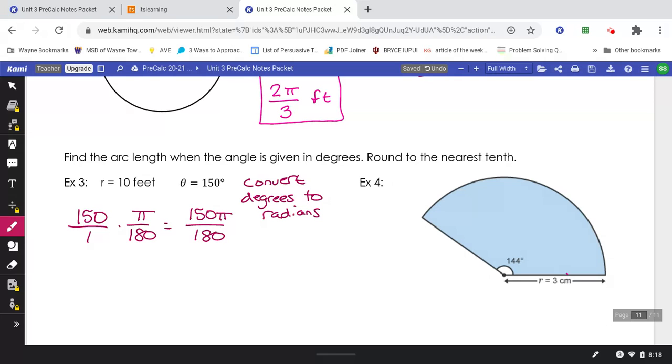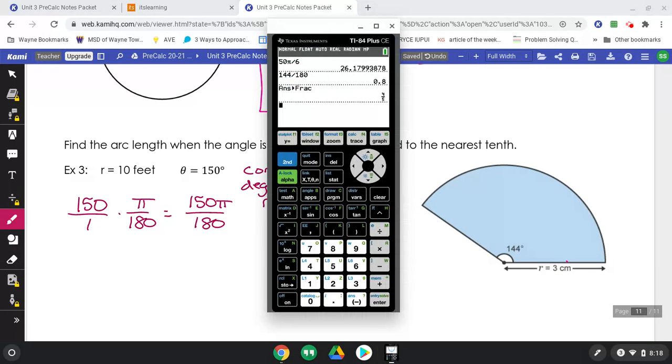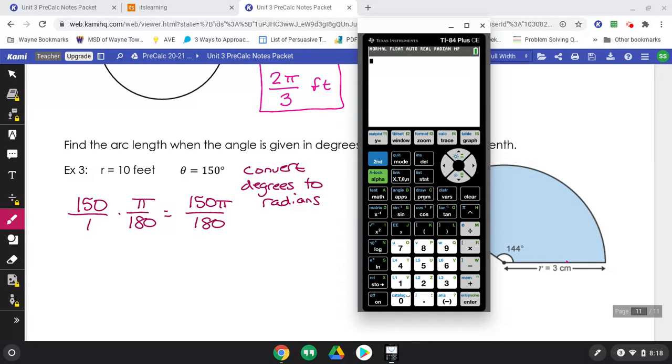So just refresh your memory on that. 150 divided by 180. I'm not putting the pi in now because I still want it to be a radian. And then math, enter, enter. So 5 over 6, which I'll write as 5 pi over 6.